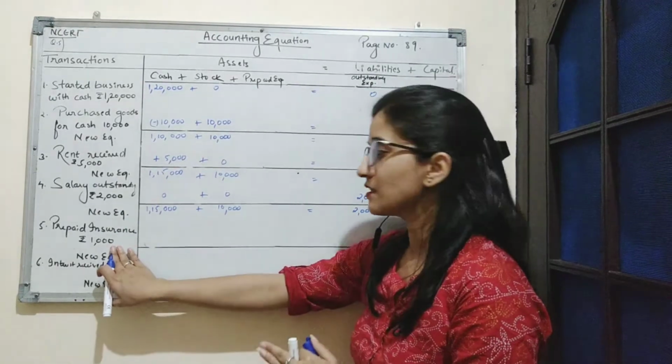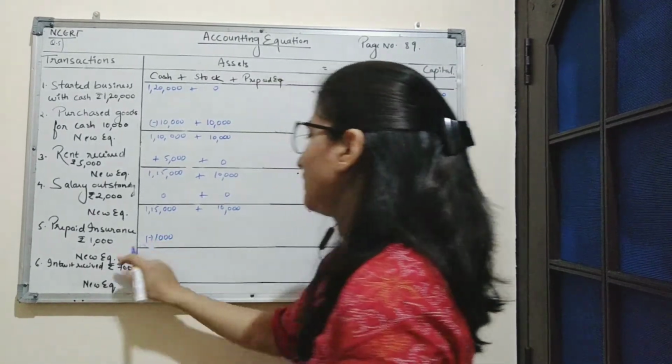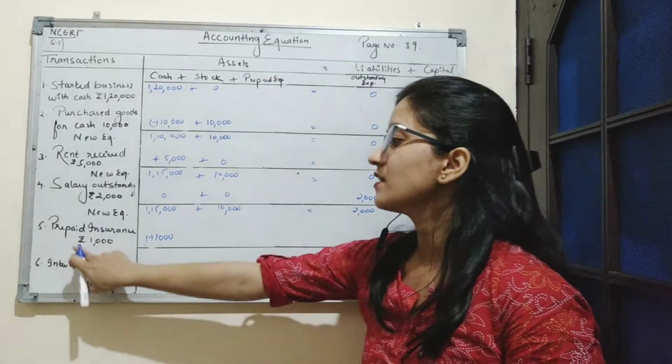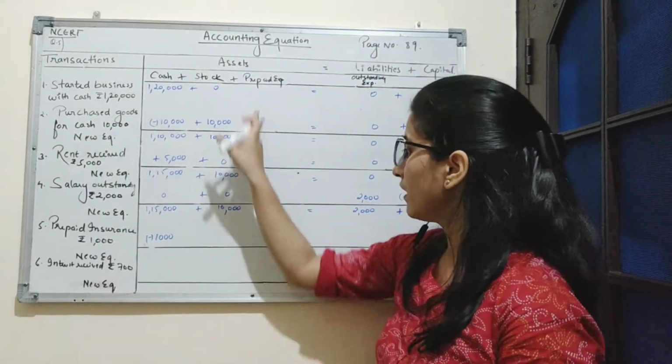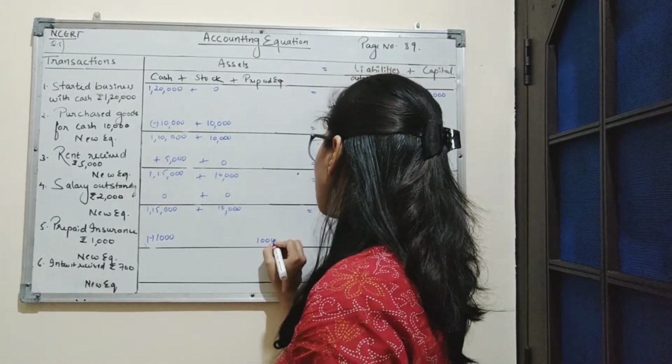So we will deduct this amount from cash column. At the same time, it increases the asset also by 1000. So we will record this amount on prepaid expenses column.